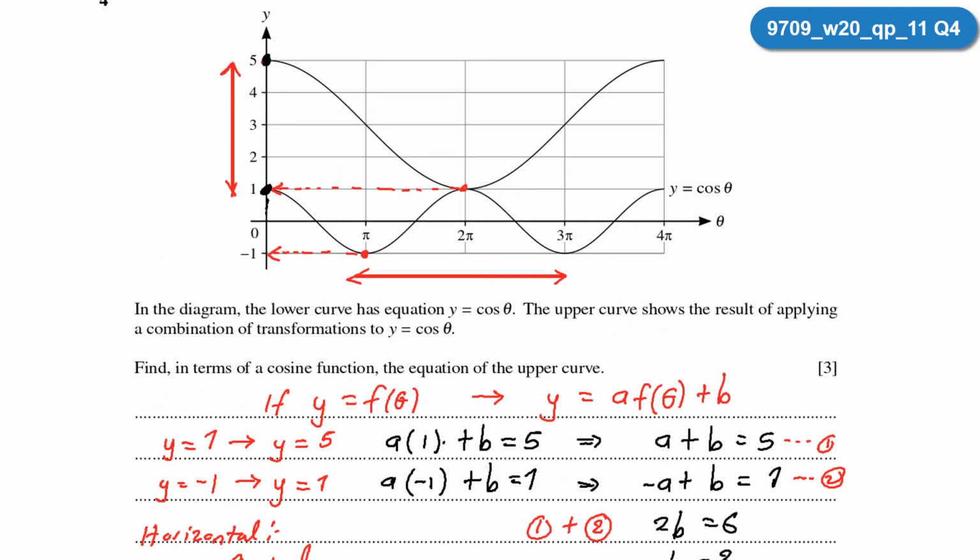Another set of points can be the first lower peak of the graph of y is equal to cos theta, which should correspond to the first lower peak of the transformed graph, which is here at 2 pi. So this first lower peak of y is equal to cos theta is at pi. So pi is being transformed onto 2 pi.